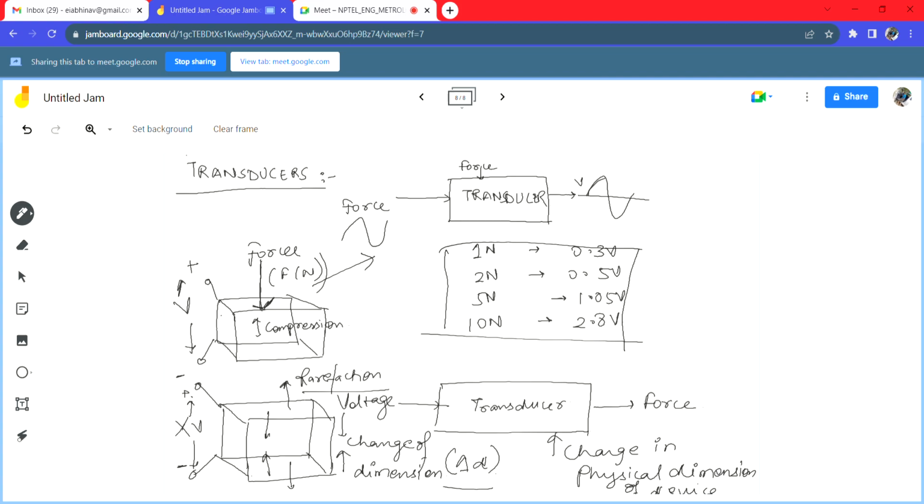So transducers are basically the devices that convert physical quantities into electrical signals and vice versa. Now, how are they going to help us in designing measurement systems, measurement devices?